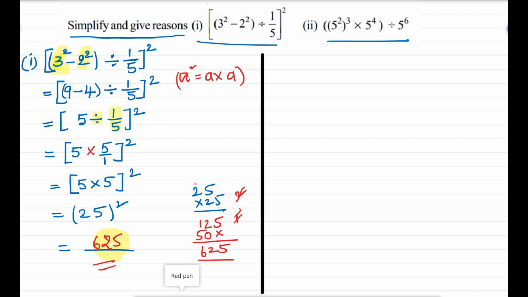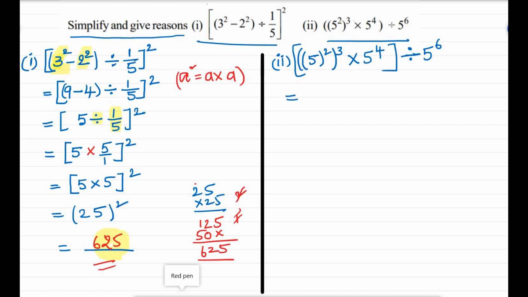Number 2. What is given is, so write down the problem. 5 whole square to the power of 3 times 5 to the power of 4, put in brackets, divided by 5 to the power of 6.